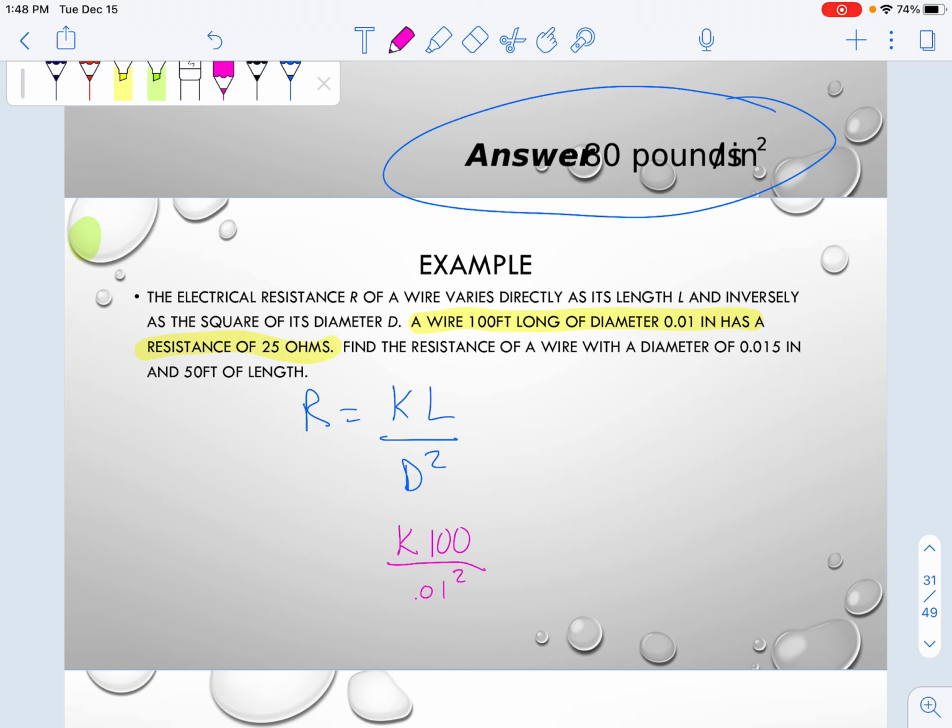We're going to square that, with a resistance of 25 ohms. If we multiply by the reciprocal, that cancels. We can find our constant of variation, which is rather large, 25 million.